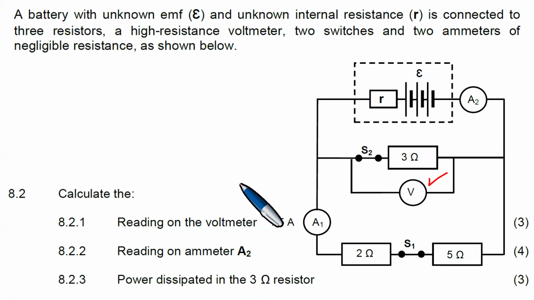For example, the current that passes through ammeter 1 is 1.5 amperes, meaning the resistance is V over I.